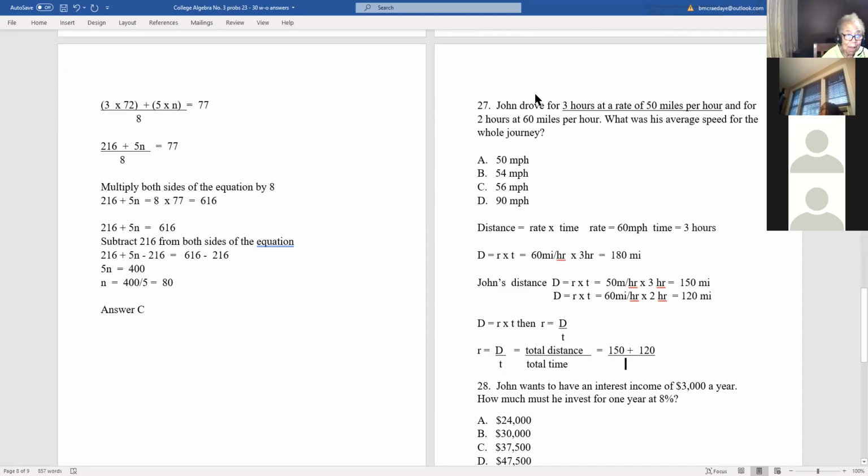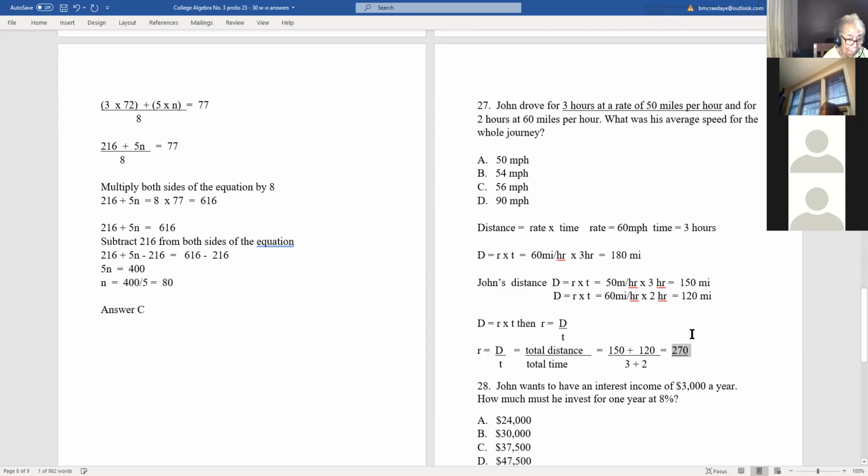Yes, that's right. 3 hours plus 2. So that's going to be 3 plus 2. Now that will be equal to 270 over 5. And what is that equal to?